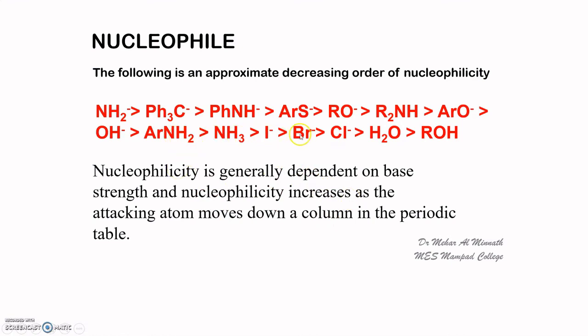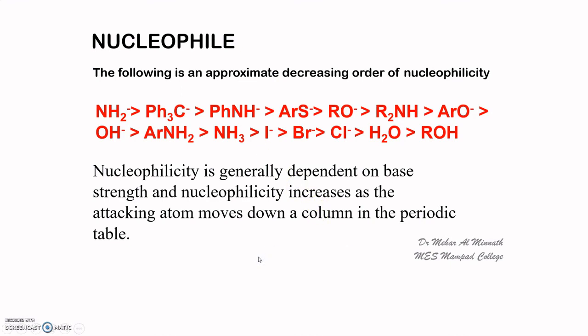As you move down the periodic table, the nucleophilicity increases. That is why you have here iodide, bromide, chloride. You can use this to understand that nucleophilicity increases as you move down the periodic table.